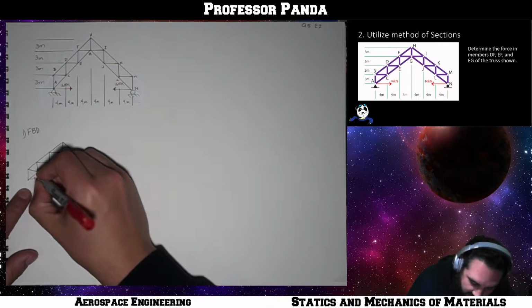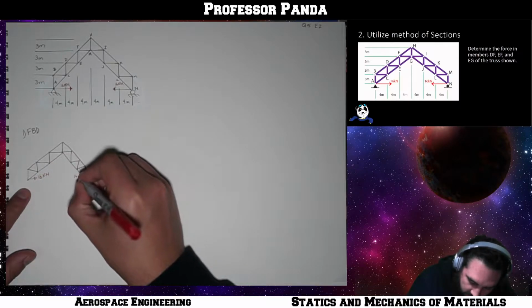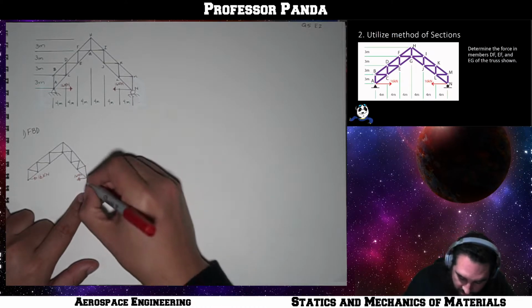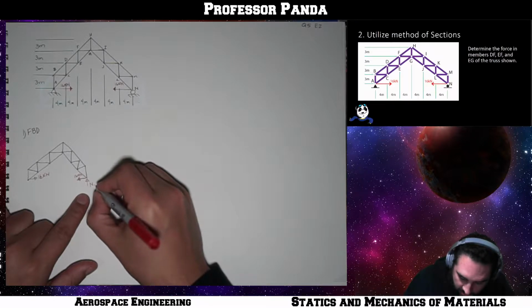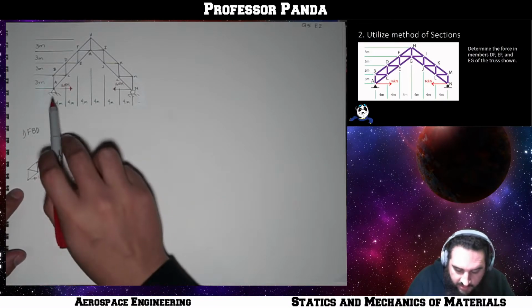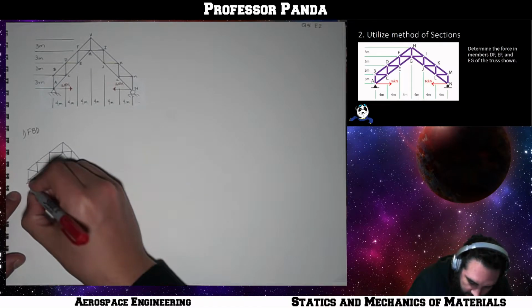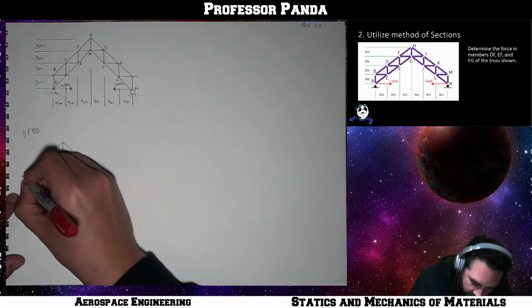Okay, so here's the 16 kilonewton forces. And N has a roller, so we're going to give that an NY force. And A has a pin, so it's going to get 2 forces, AY and AX.